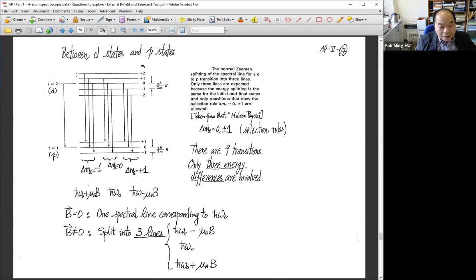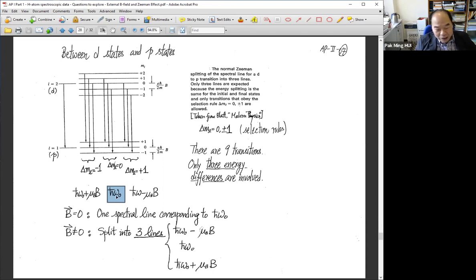Here, intentionally, the figure groups these transitions, which are all different by this kind of energy. At the end, from the line that appears without field, even though there are 9 transitions, there are only 3 energies.